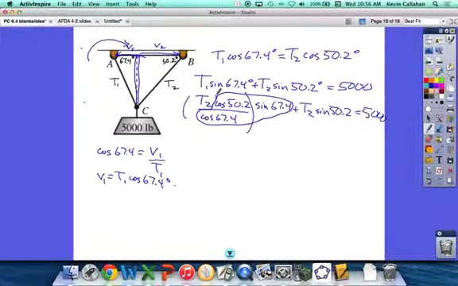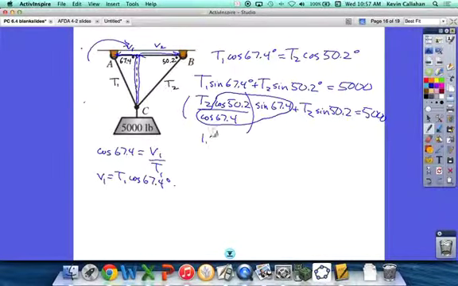Okay. Cosine of 50.2 times the sine of 67.4 divided by the cosine of 67.4. 1.5378.